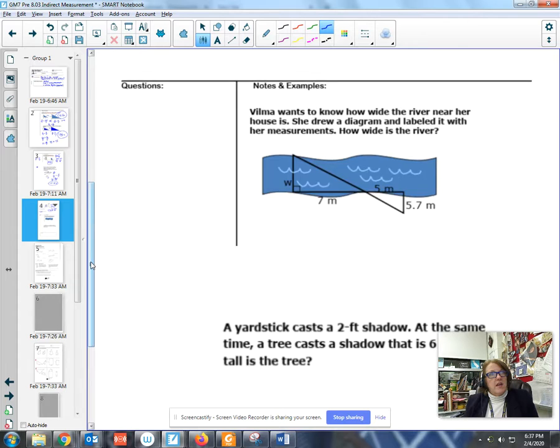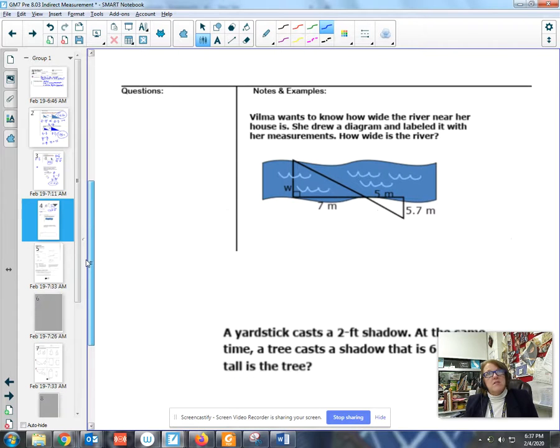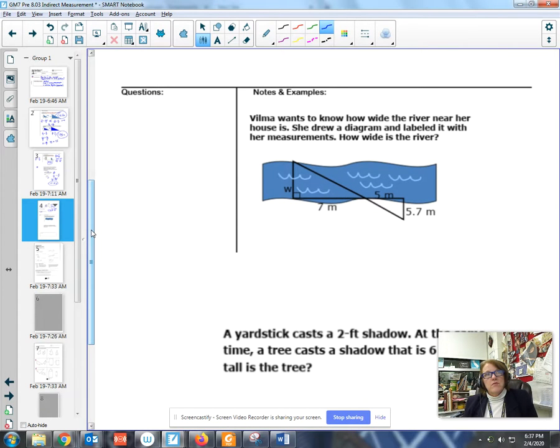I want you to try and solve the next 2. Pause the video till you think you've worked through these 2, and then when you turn it back on, see what you've got for a solution. W is to 7 as, now I'm going to flip this guy around so that baby triangle down here with that same right angle, the 5 is on the bottom and the 5.7 is the height. So if I go height to bottom, I'm going to go height to bottom.